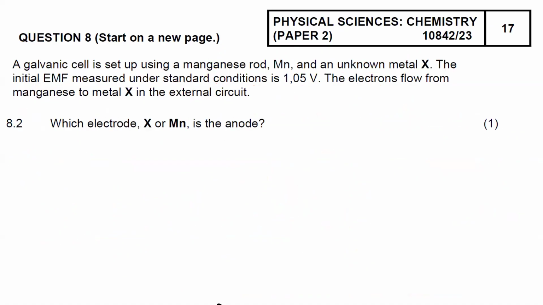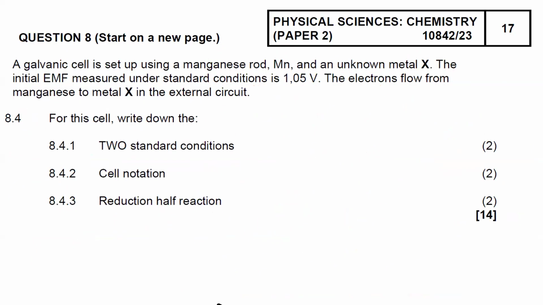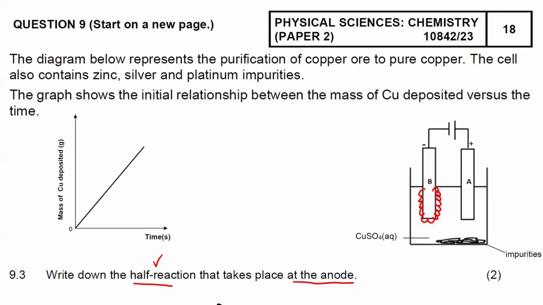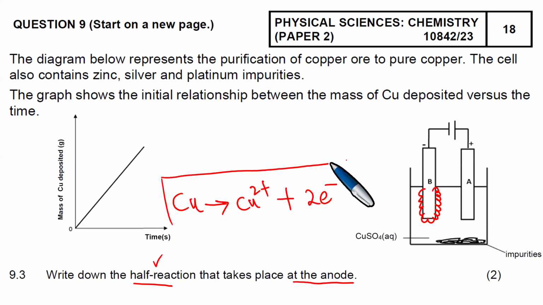From this observation, the half reaction that takes place at the anode is going to be the reverse: copper breaks down to Cu²⁺ plus 2 electrons.